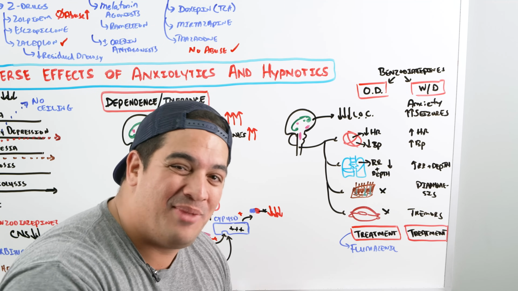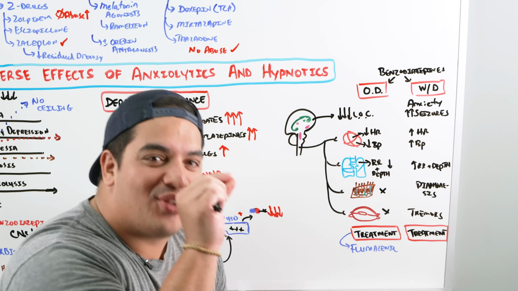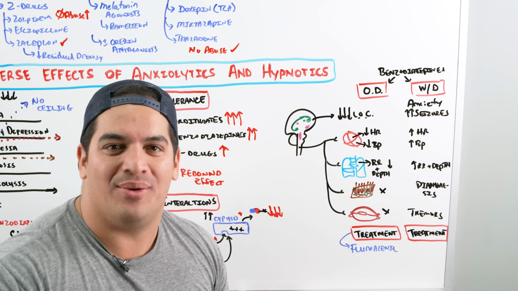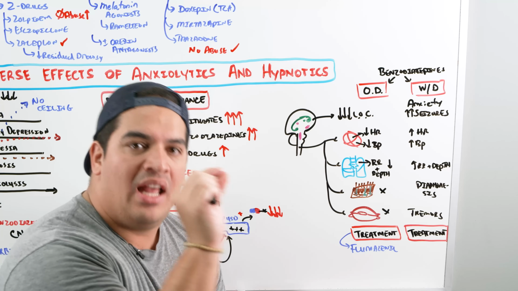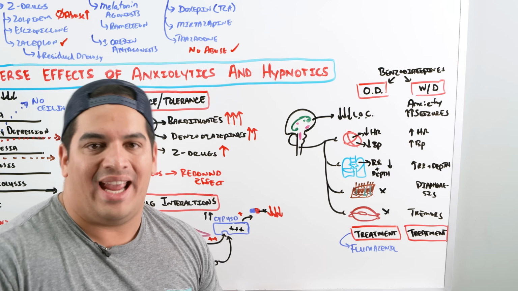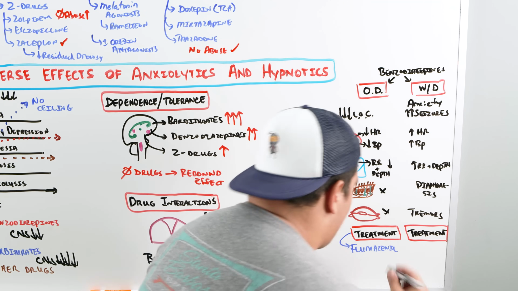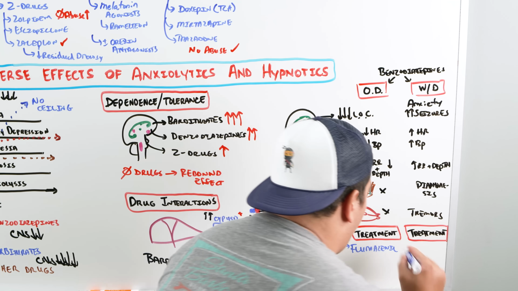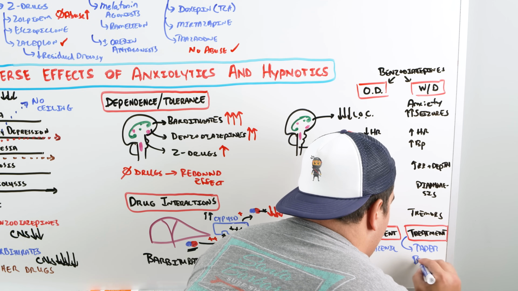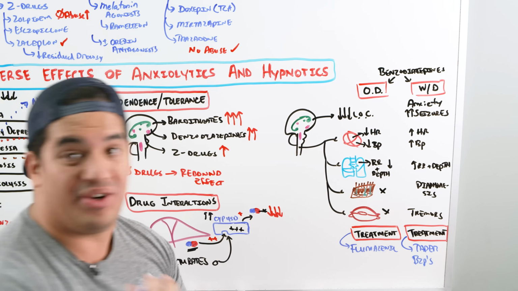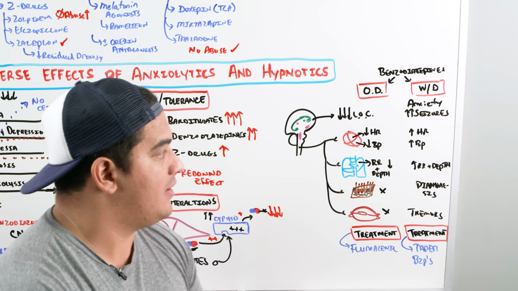You probably should give them the benzodiazepine back and then start slowly tapering down the dose. Don't just abruptly discontinue it. Put them on a benzodiazepine and then slowly taper it. So that's where we would do a taper. We would taper benzodiazepines, such as lorazepam or diazepam, which are the preferred drugs.